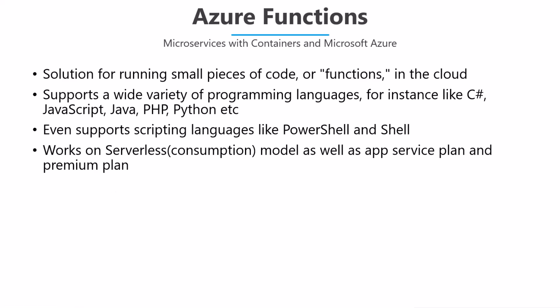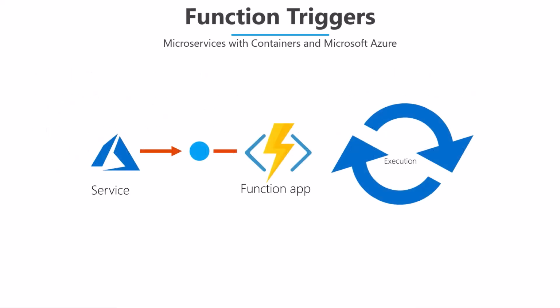Every function needs to be executed with the help of some kind of trigger. So there are chances that you're going to have some existing Azure services or app services which are going to trigger the function app logic. The moment that trigger happens, the function app executes the piece of logic, and once the execution is done, the response or outcome of that logic is returned back to the service. This is how Azure Functions works.